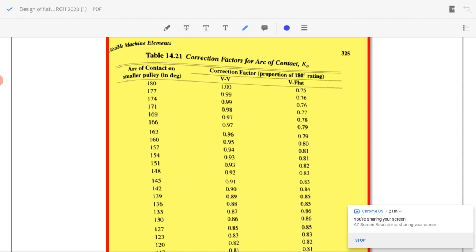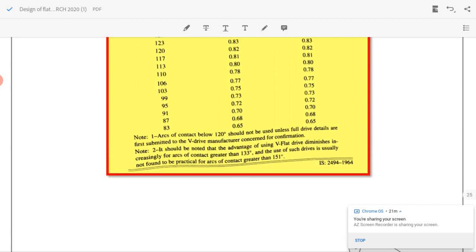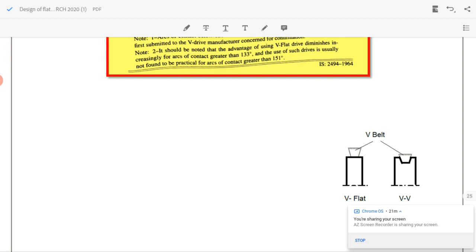My obtained value for theta s was 161.71 degrees, which lies in between these two values, 163 and 160. Now we have two columns, VV and V flat. VV means V belt running over a crown pulley.